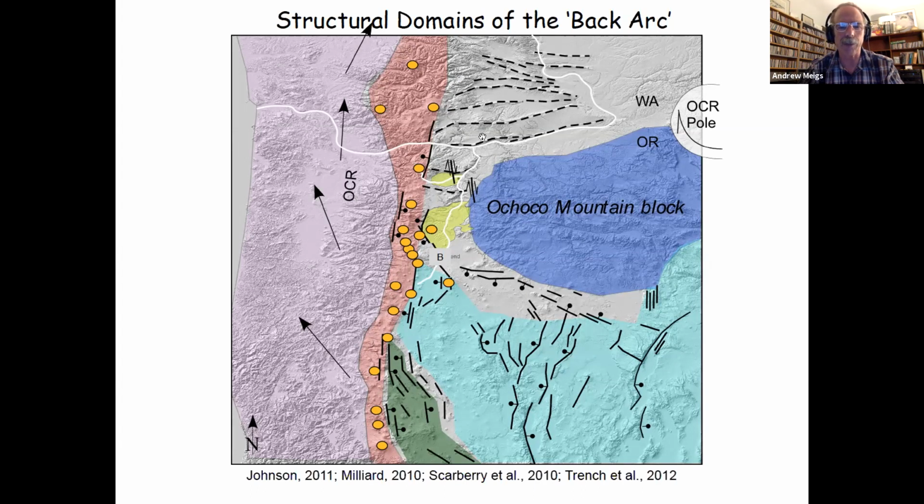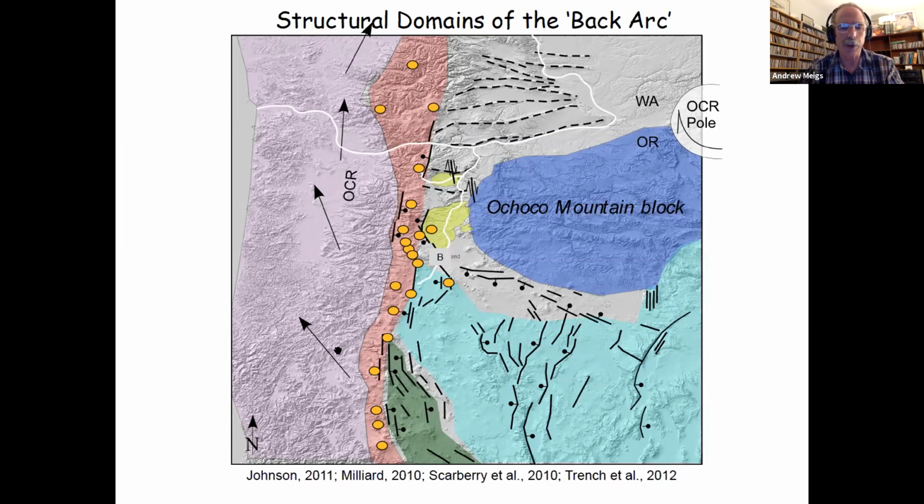And I'm not going to say very much about this tonight, but it's widely thought that the fold belt exists because the velocity of deformation in the northern part of Oregon and southern Washington is expected to be contraction or shortening.